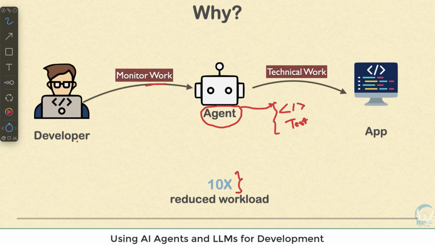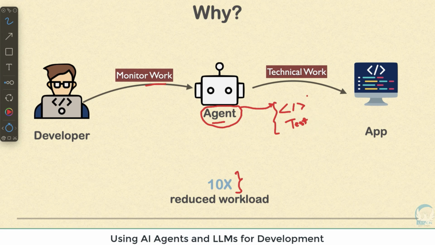Now this has reduced the workload, which was previously done by the developers. And this is why we are going to see and learn how the AI agents can be used in our specific development cases to reduce the workload. We don't have to work as much as we used to during the development phase or testing phase.